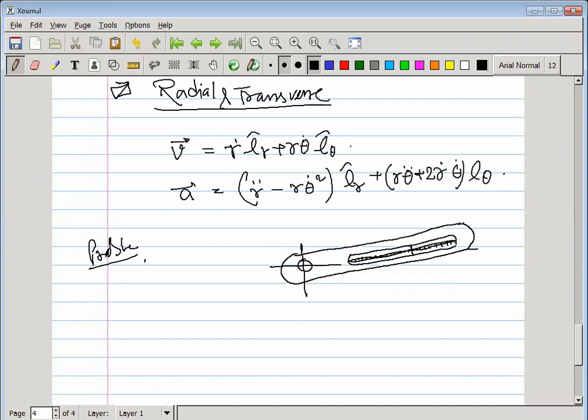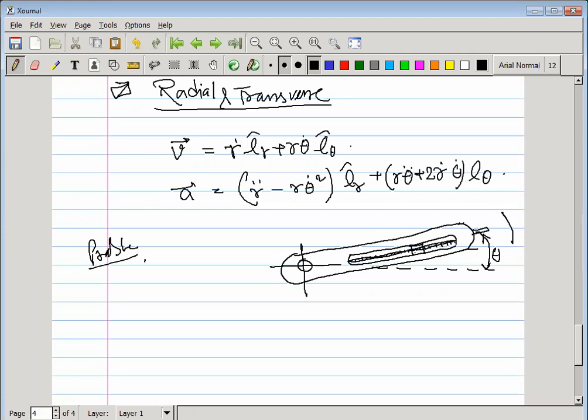This means the thread is there, here. In the question it is said, suppose a rotation of a radially slotted arm. You can see that this is the radial slot, and this angle is theta.